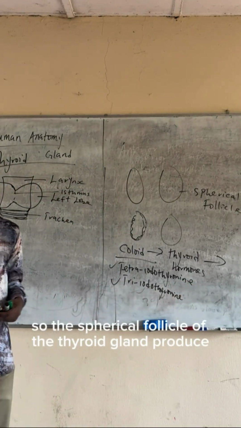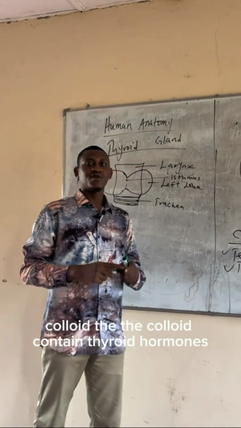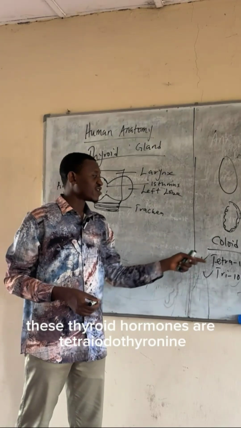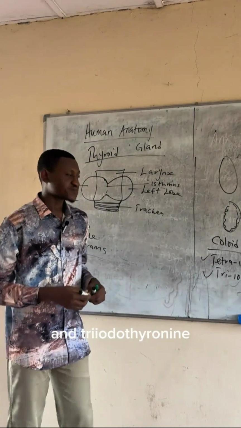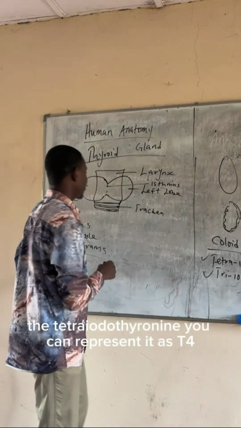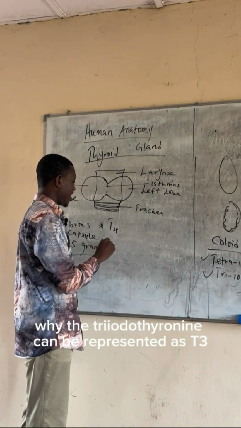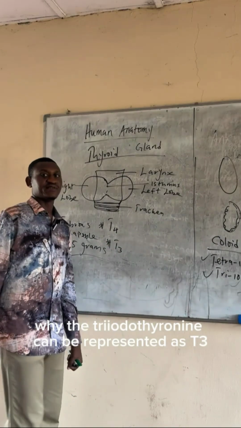The spherical follicles of the thyroid gland produce colloid. The colloid contains thyroid hormones. Tetraiodothyronine we can represent as T4, while triiodothyronine can be represented as T3.